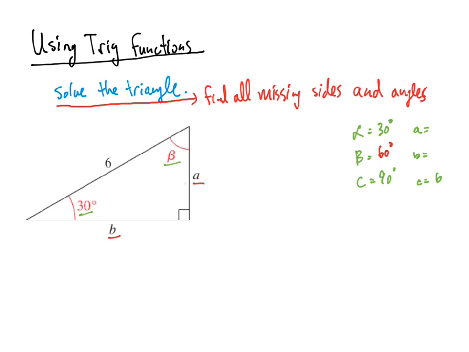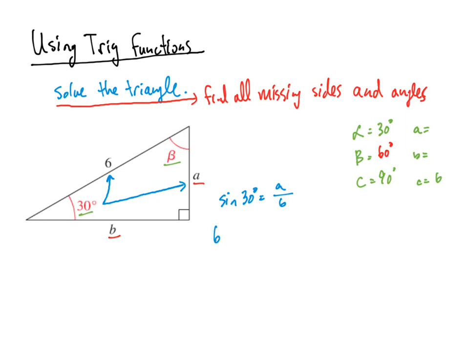So side A is opposite this angle, 30 degrees, and then we have the hypotenuse. So we could use sine here. Sine of 30 degrees is equal to the opposite side divided by the hypotenuse. So to solve for A, I multiply both sides by 6.